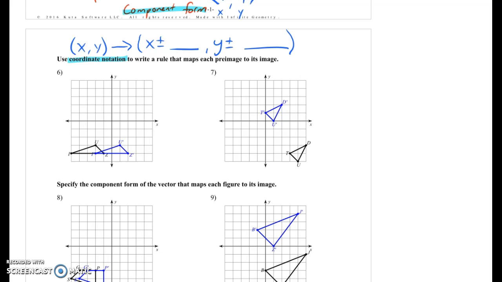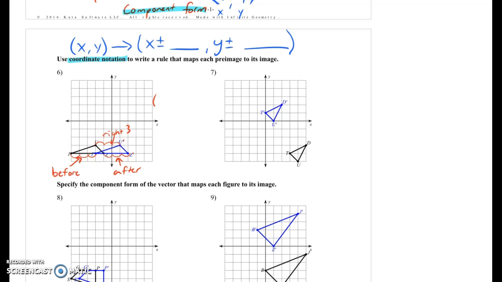So we can see that since this one doesn't have any primes, this is my pre-image, my before, and these tick marks here tell me that this is my after. So we just count. You went from 1, 2, 3. You went right 3. We can see every single one. I went 1, 2, 3. And Z went 1, 2, 3.